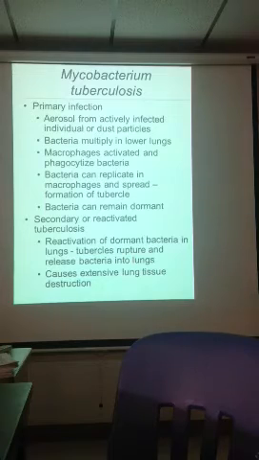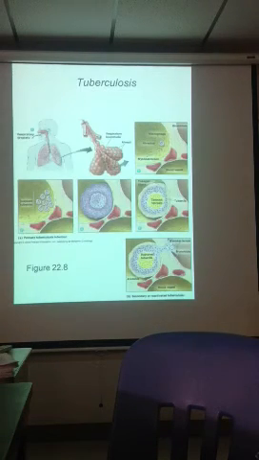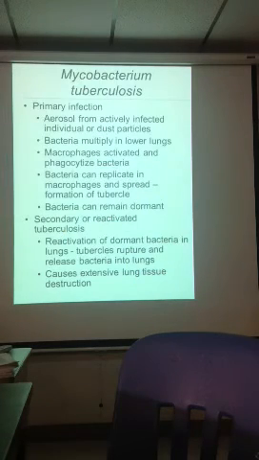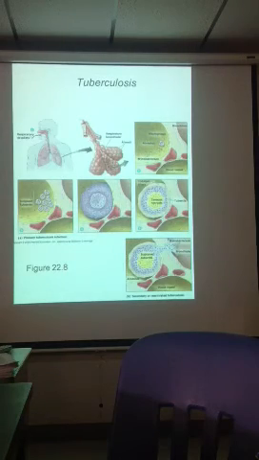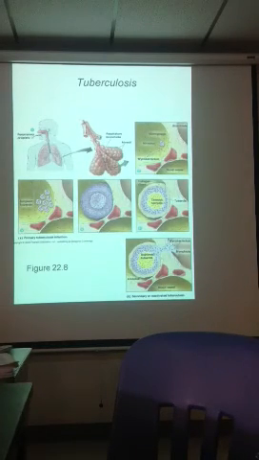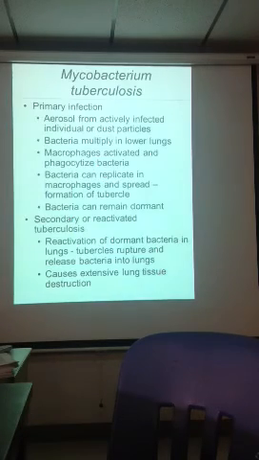Okay? But they're there and they're viable. Right? So someone who's been exposed with a primary infection, so we're talking about primary infection, has these tubercles inside their lungs which contain live, although dormant bacteria. Okay?